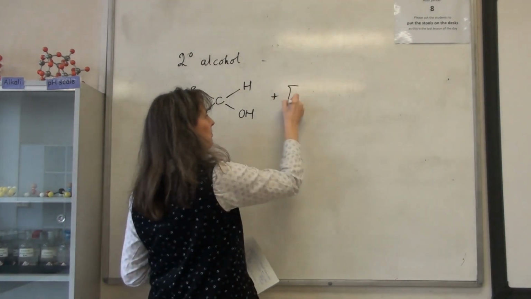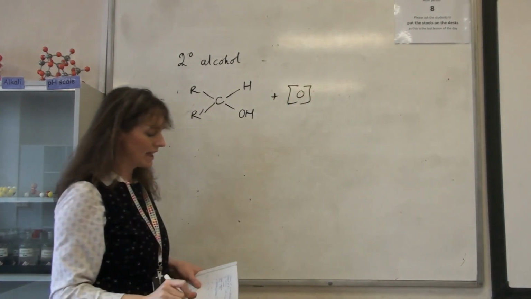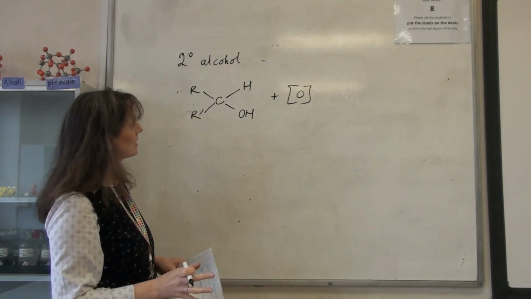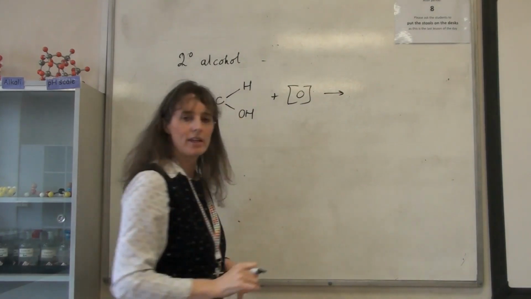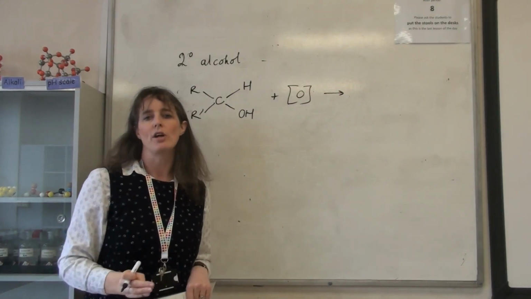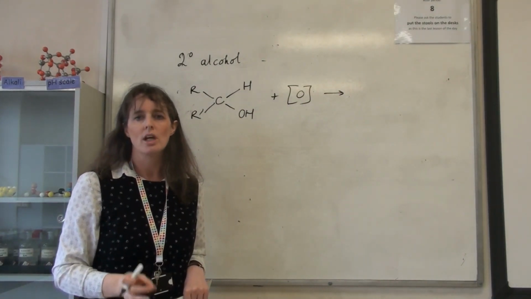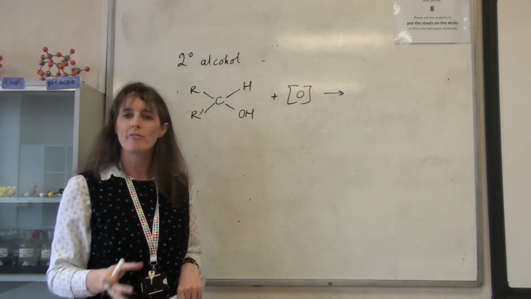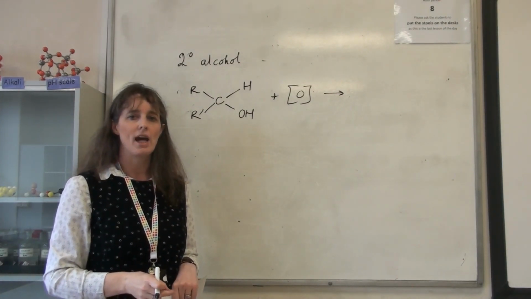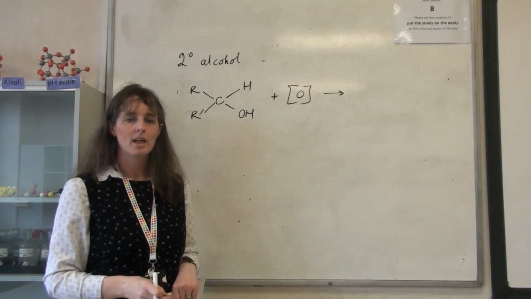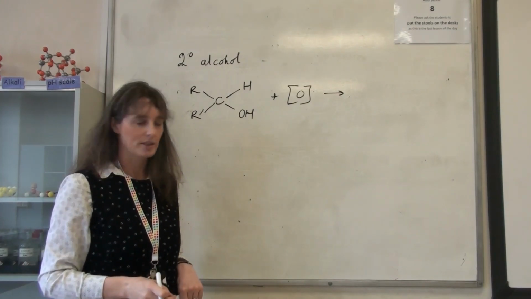And if we have our oxidising agent again, what happens with this is you turn it into, have a think, see if you can remember from when you wrote up your practical, what the compound type, the functional group, is of the compounds we get from oxidising secondary alcohols. The answer is ketones.